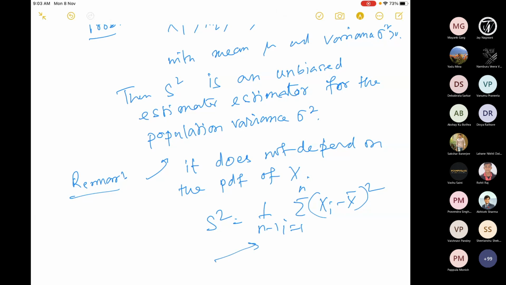But when we defined sample variance, instead of taking the average of these squared distances, we use 1 by n minus 1. The reason being, it doesn't matter what the population is, this is always an unbiased estimator for the population variance.